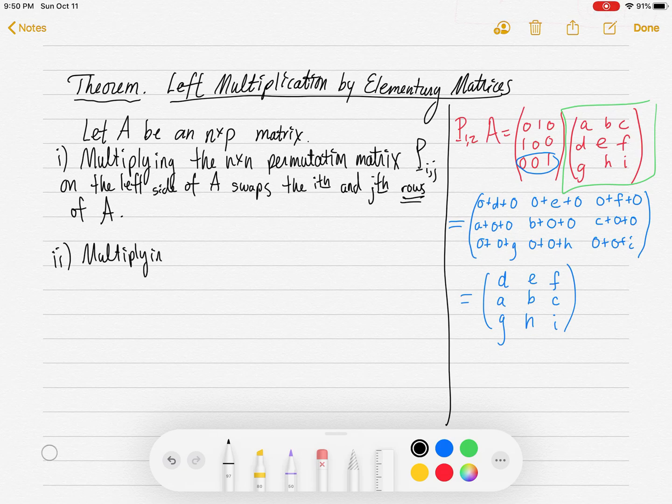Number 2. That was called the scaling one. What happens when you multiply coming from the left by a scaling matrix?